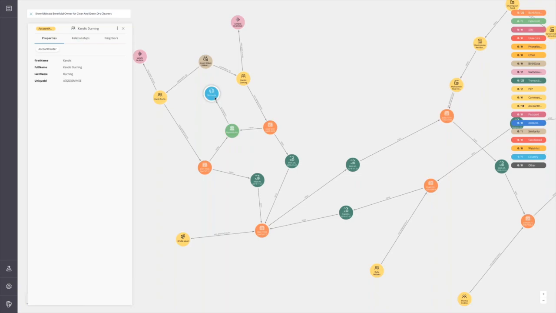So dates, times, durations are property types in Neo4j. So you could definitely work that into your query so that you are only looking for transfers within a particular time window or circular movements of money that took place within a certain time window. You can definitely bring that temporal aspect into your queries as well.